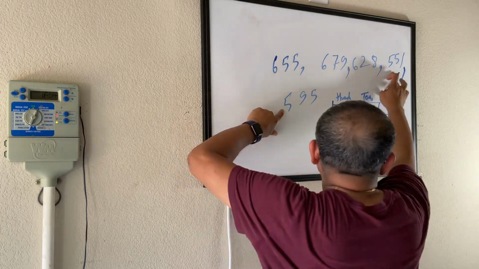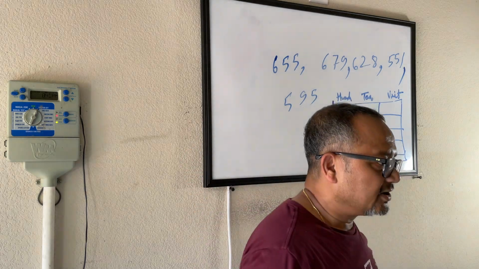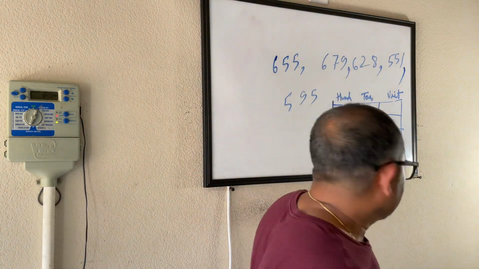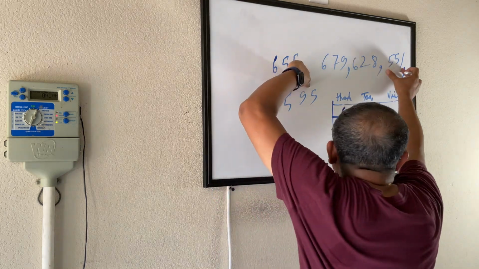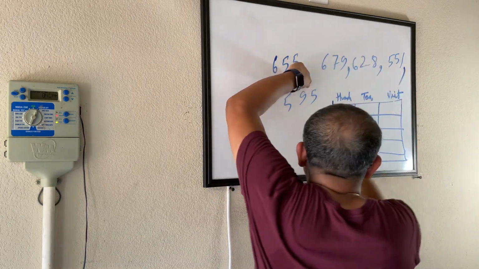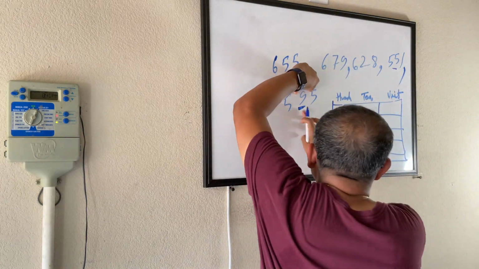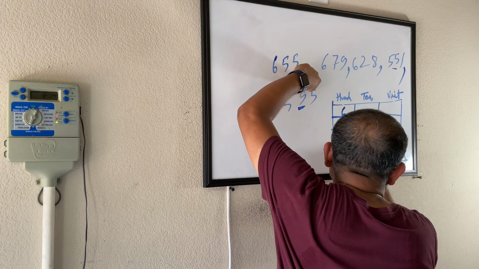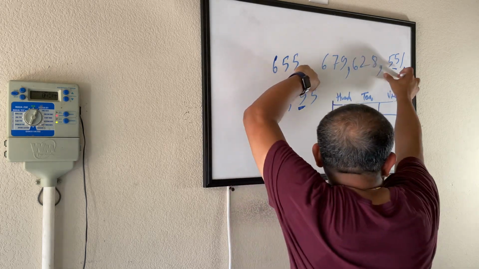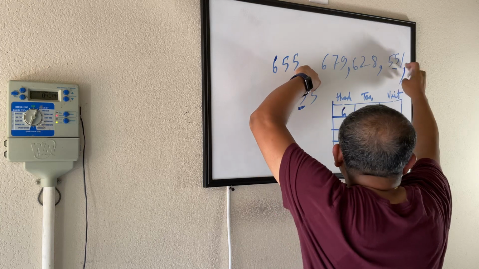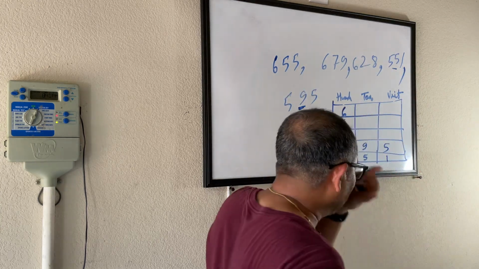And there are 2 numbers which have 5 in the hundreds place. Now between these two, which one comes first? If you look at it, this is 9 and this is 5. So obviously the one with 9 will come first, the one with 5 will come here. So between these two you have already found it out. So this one is going to the bottom and this one is above that, right?